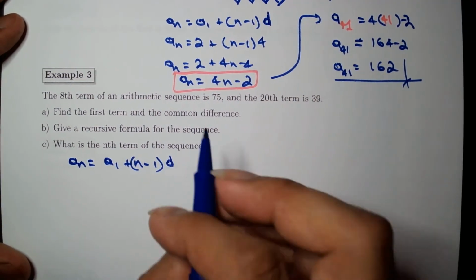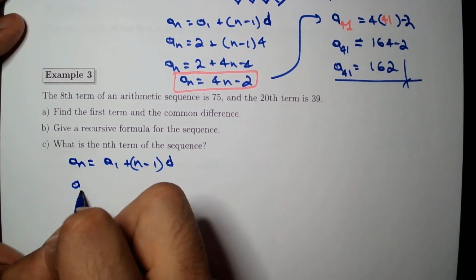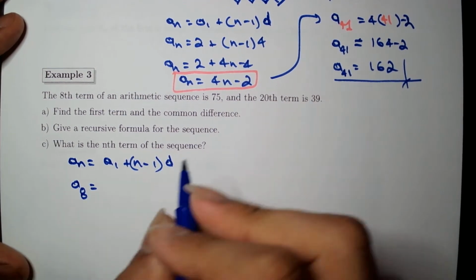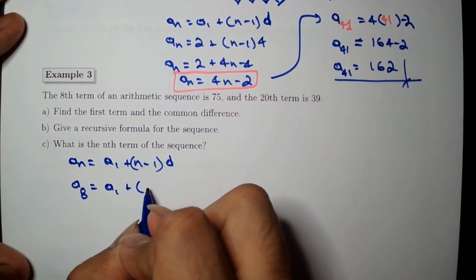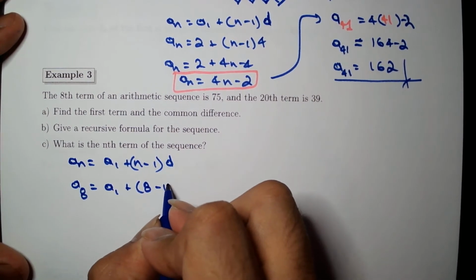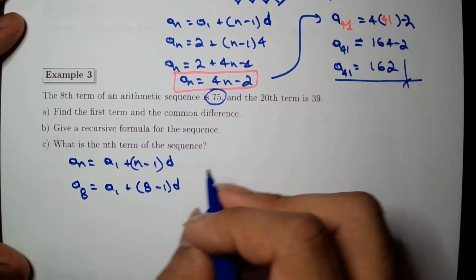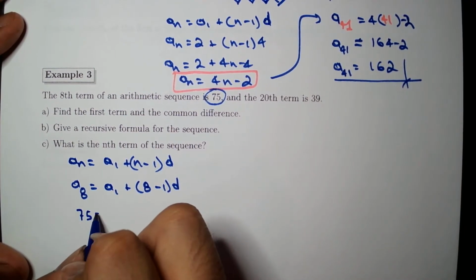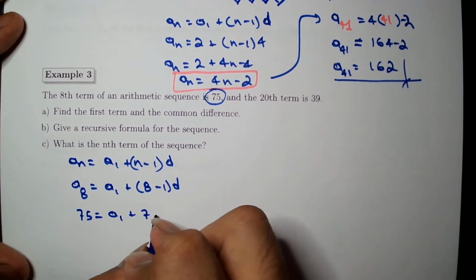The 8th term means a sub 8, so n is 8. The 8th term is 75, so 75 equals a sub 1 plus 7d.